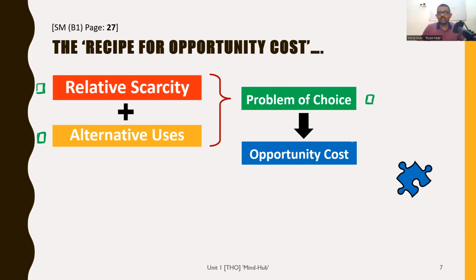We make a choice. So when these three elements are there, when these three boxes are ticked, it leads to opportunity cost. When you remove one of these, there would not be an opportunity cost, even though there is a certain consumption we are doing.